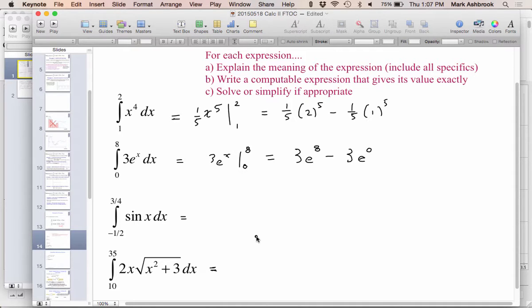That's right. So the derivative of cosine is negative sine. So therefore the antiderivative of sine will be negative cosine. Remember that.